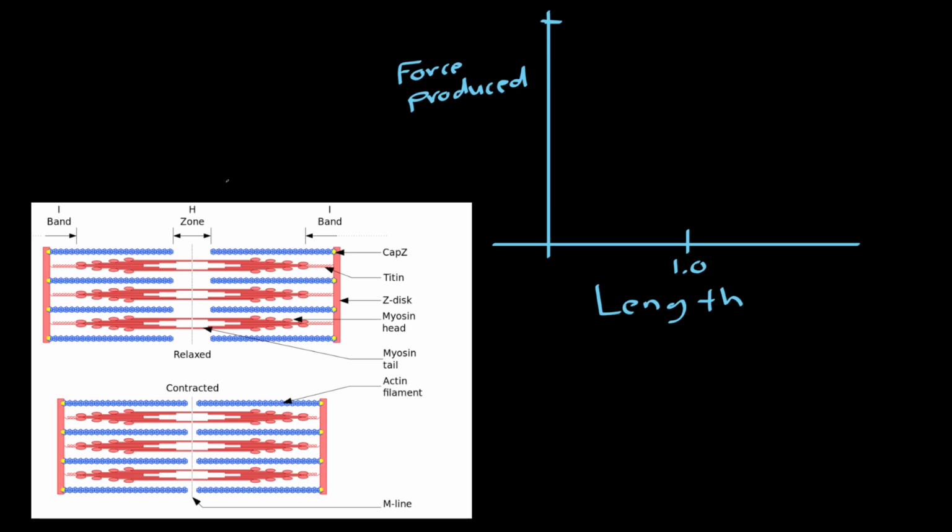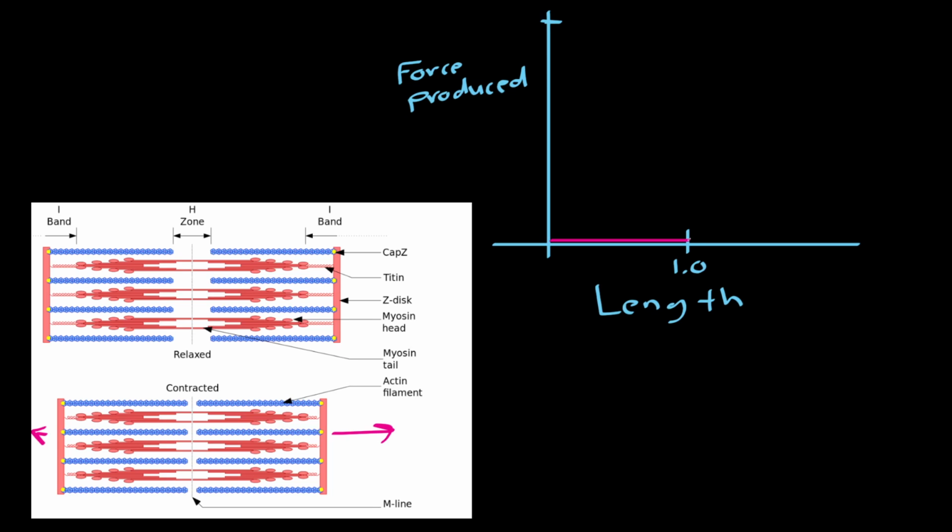What happens if you just stretch out the sarcomere? So if you go from this and you just pull on it on either end, and you go to this, well, it's going to behave just like, say, a tendon, where below some length it'll be slack, just like a rubber band that hasn't been stretched out enough to start producing force.